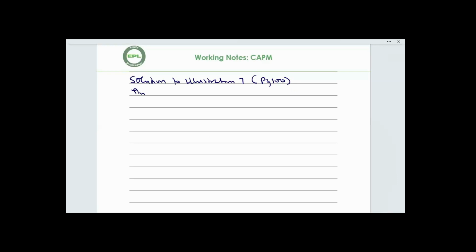This question relates to the calculation of alpha value. Why?